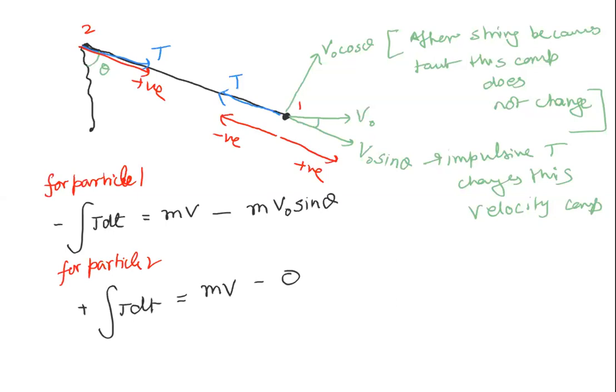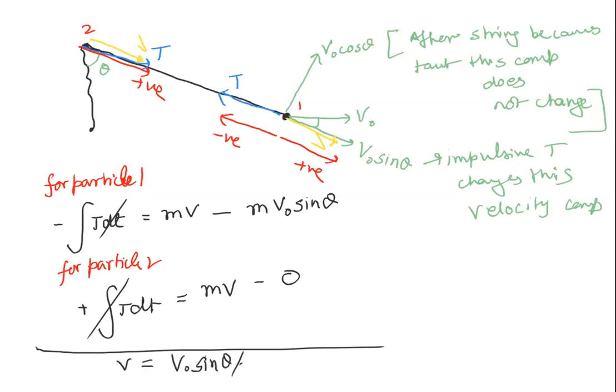Therefore, their velocities along the string must be the same. अगर इसकी velocity v है, इसकी भी velocity v होनी चाहिए after decomposition. Add them up. 0. V is equal to v naught sine theta by 2.